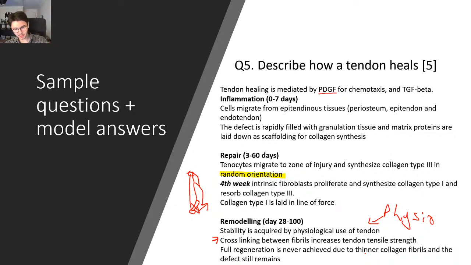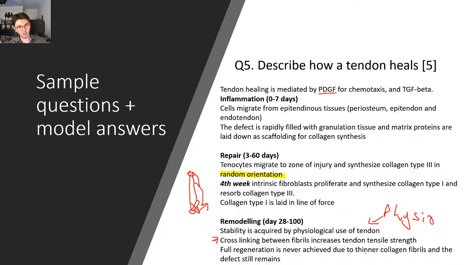But this also highlights the problem of tendinopathy, because tendinopathy is a big problem for athletes, for overuse, and for everyday people. And because you can never regain the tendon you had before, it's quite a big problem.